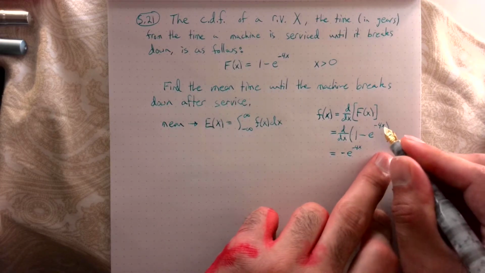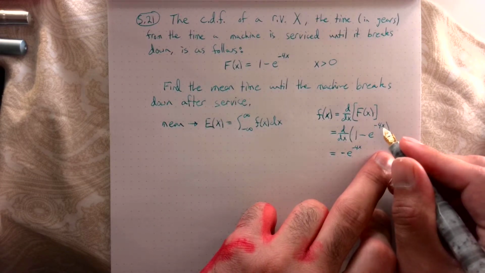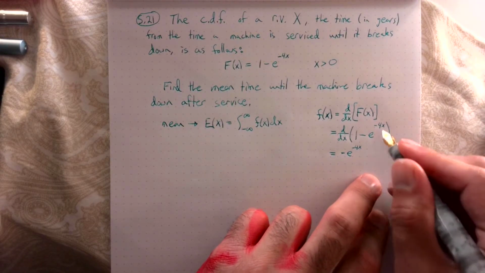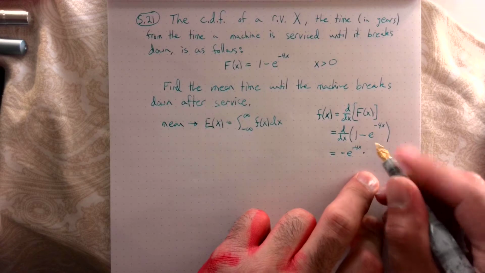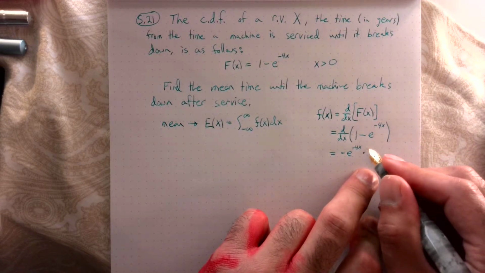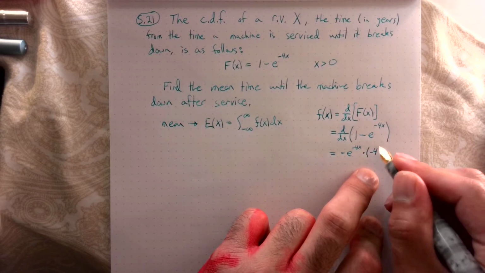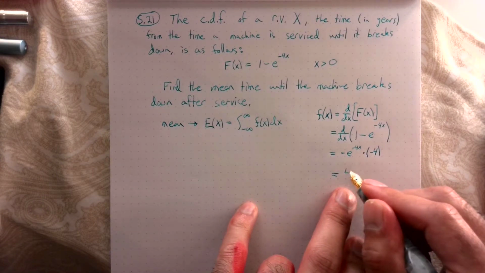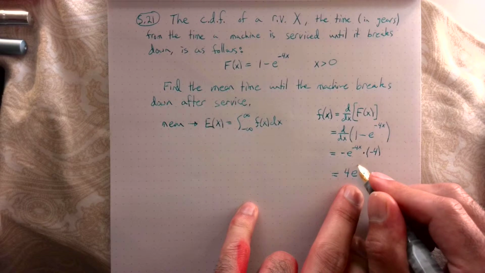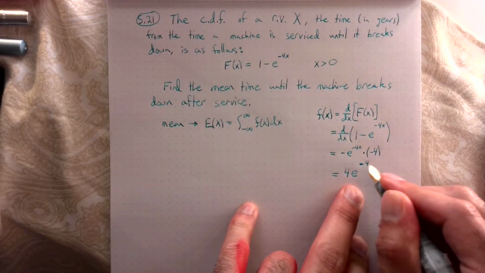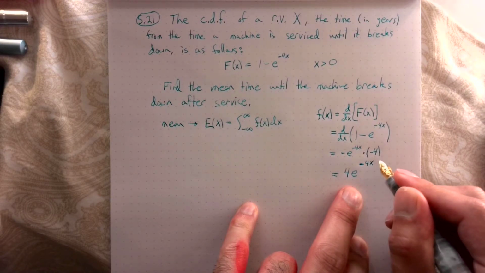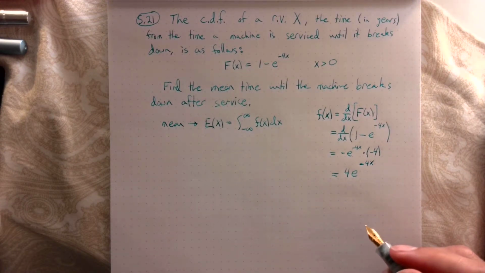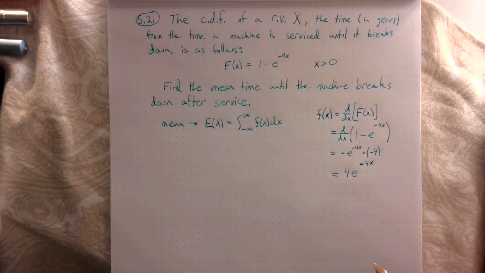But because this is not just x up here, by the chain rule we have to multiply by the derivative of the inside. That's going to be negative 4. So we have that the PDF is going to be equal to 4 e to the minus 4x.